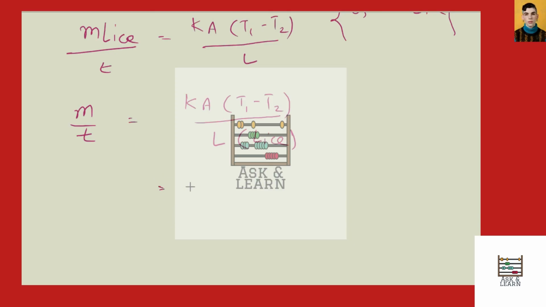So K is 6 into 10 to the power minus 2, area is 2400 into 10 to the power minus 4, and the temperature difference is 20 minus 0, and the thickness is 2 into 10 to the power minus 3, divided by 3.4 into 10 to the power 5.